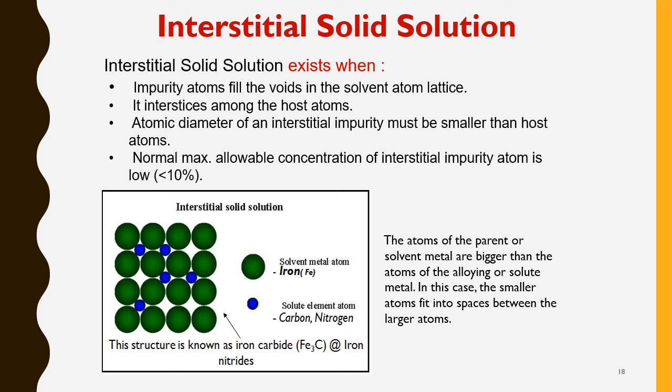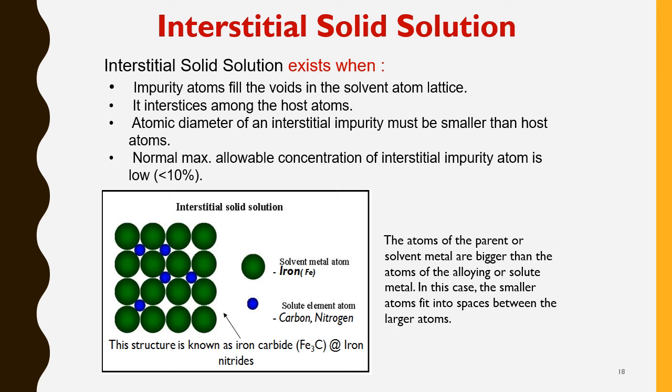So we have the void, or the blank area over here. If the impurity atom can fit into this area, then it can comply with the interstitial solid solution, and it can penetrate among the host atoms.